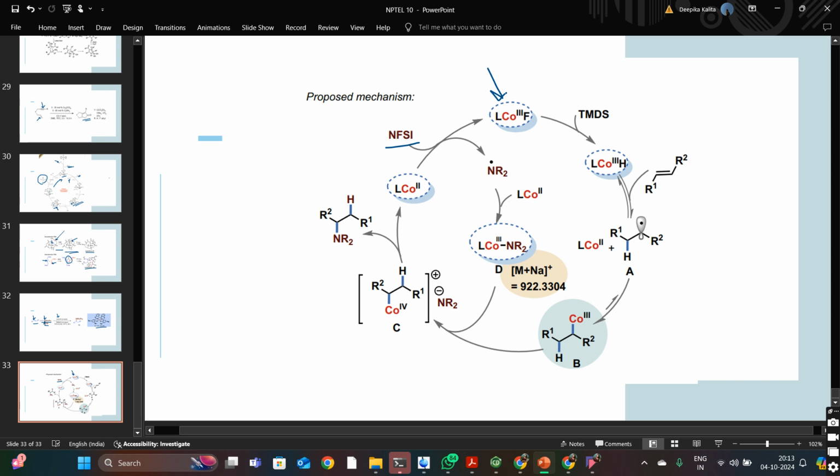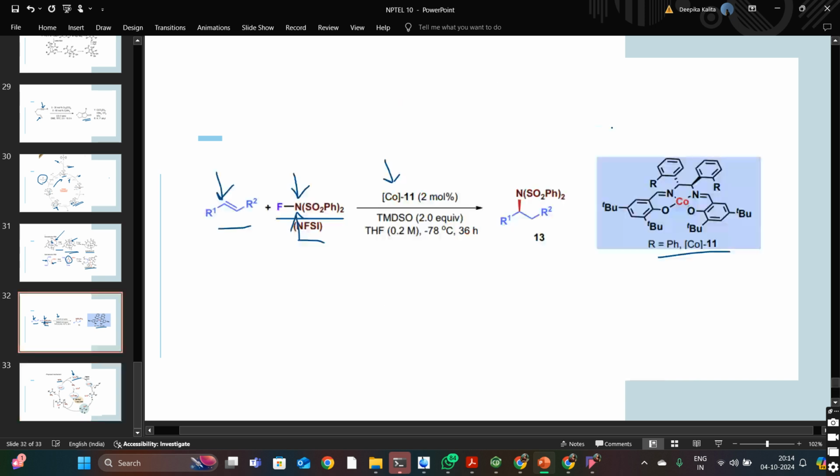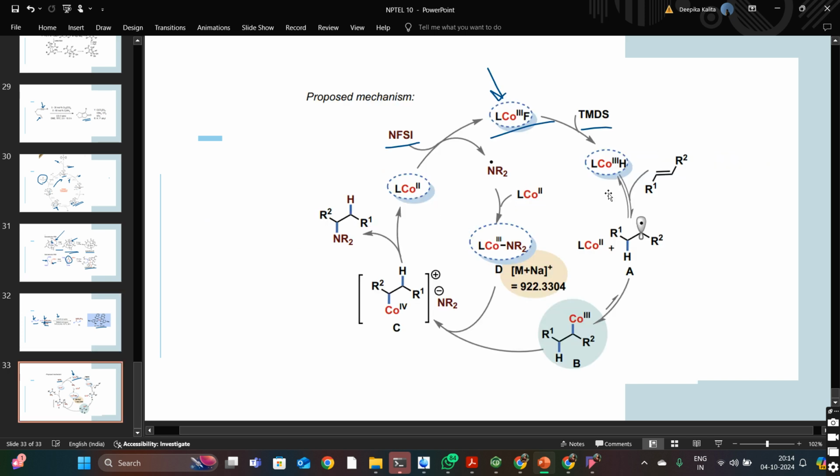So NFSI is going to supply the fluorine atom to the cobalt catalyst, which then undergoes reaction with TMDS, which is nothing but this TMDSO present in the system, which is tetramethyl disiloxane, which is often used as protic solvent.